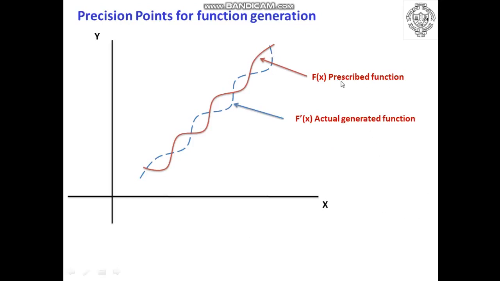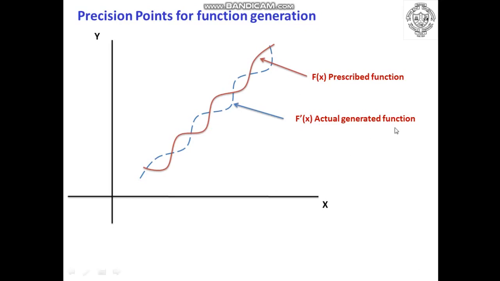So that means the prescribed function is nothing but the exact function which is expected to be generated, whereas the actual generated function is the function generated by the fabricated mechanism, similar to your expected function.